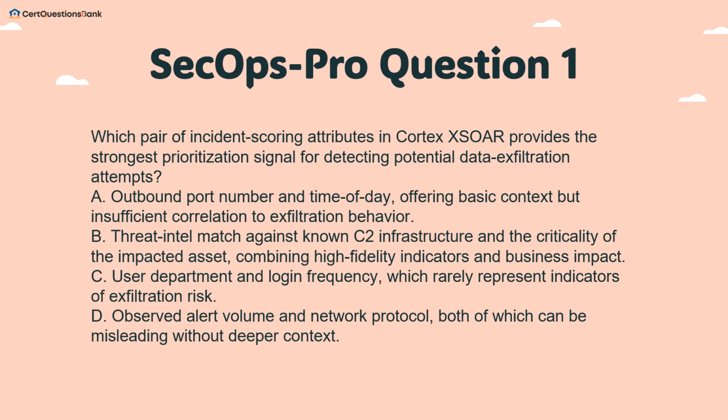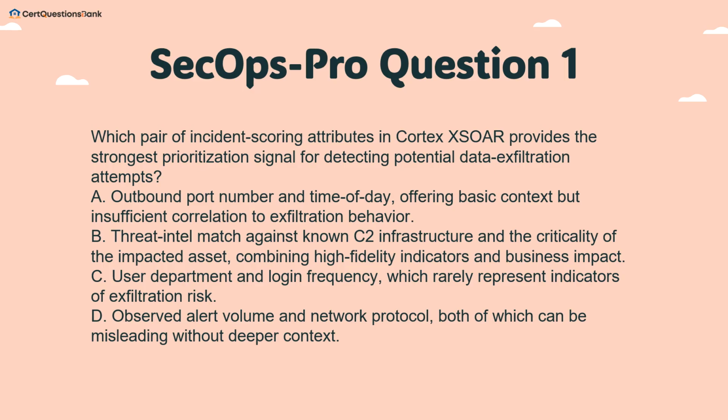Which pair of incident scoring attributes in Cortex XSIAM provides the strongest prioritization signal for detecting potential data exfiltration attempts? A. Outbound port number and time of day, offering basic context but insufficient correlation to exfiltration behavior.